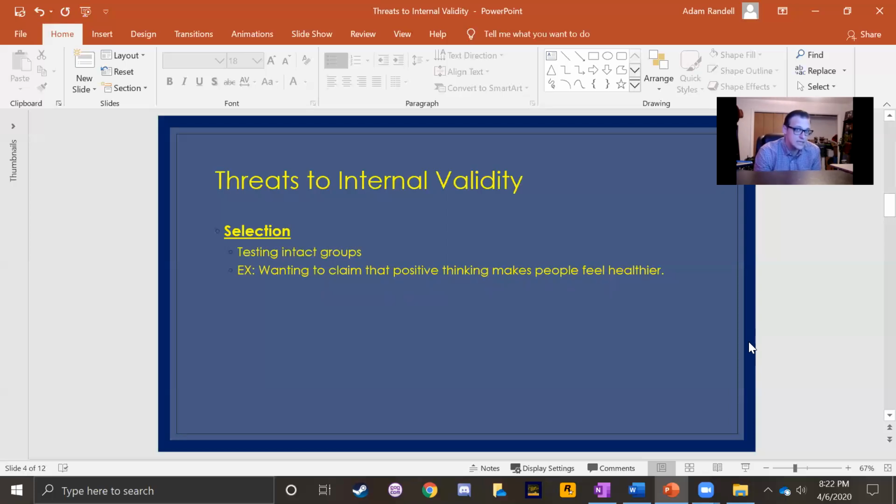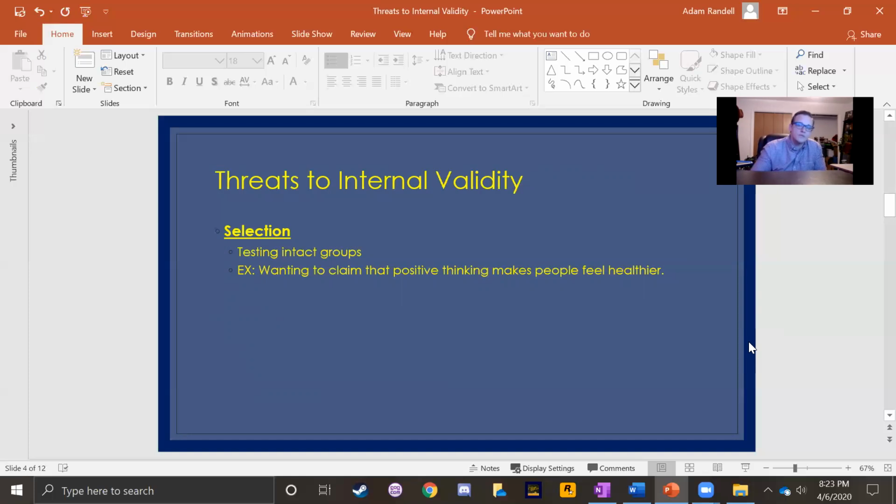If that happens, then we have a selection problem, because we've had all the individuals in one condition possessing some quality that causes them to already have a difference on the DV.